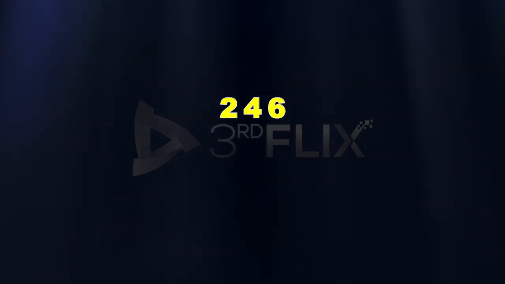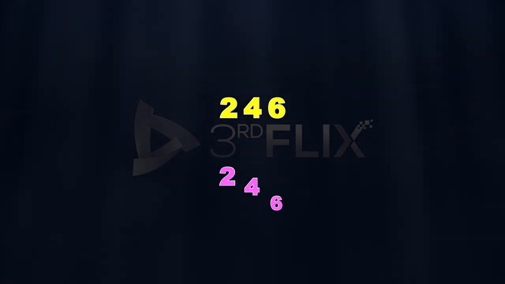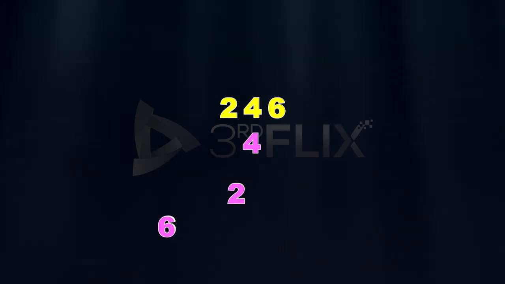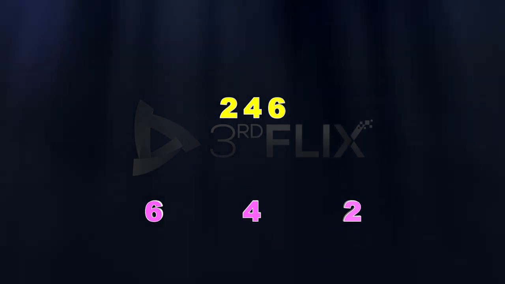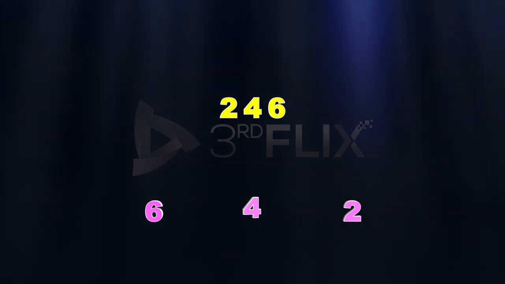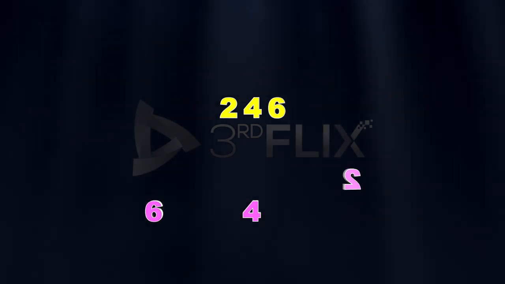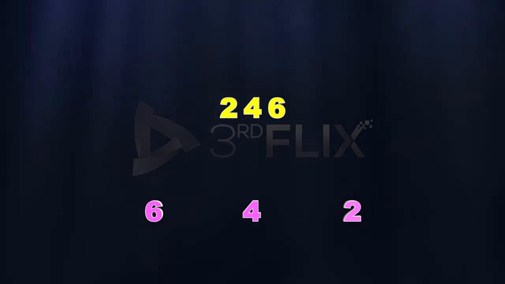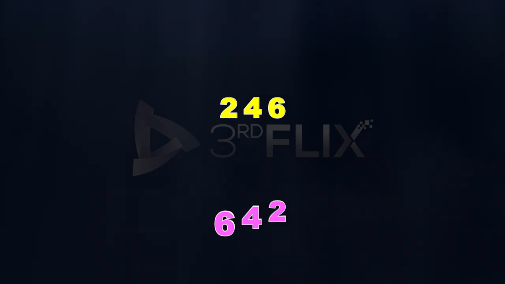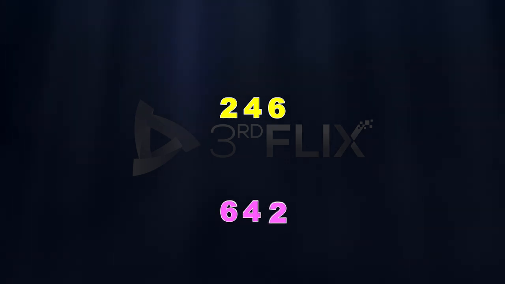To get the greatest number, we arrange the digits in descending order as 6, 4, and 2. So, the greatest number is 642.